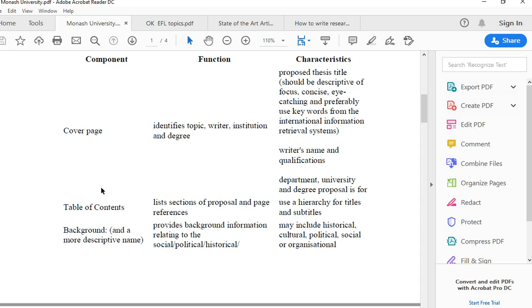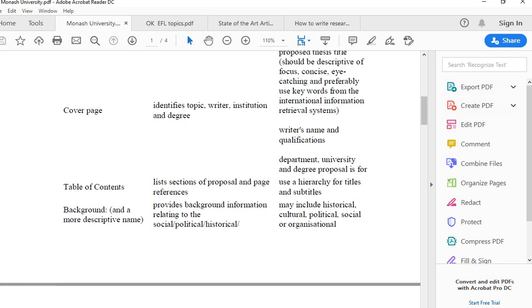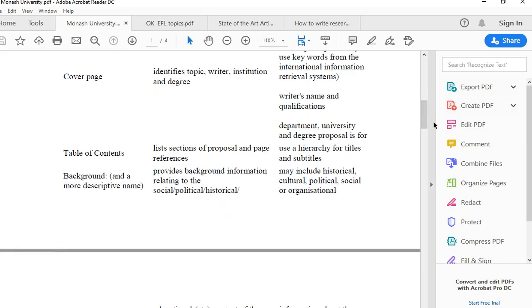After that, we get to the table of contents. I told you that there are some differences between this format and the other formats that you have probably seen. In our university, we do not ask the students to write a table of contents because we normally say that the table of contents would be written completely and fully when the thesis has been finished.